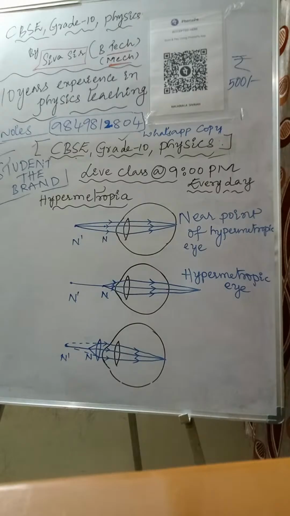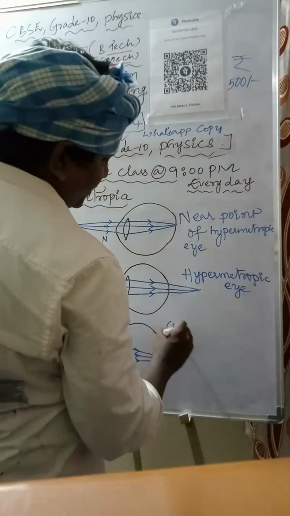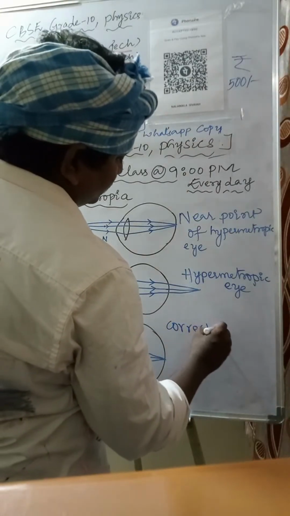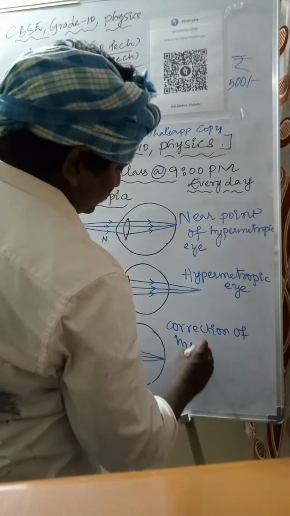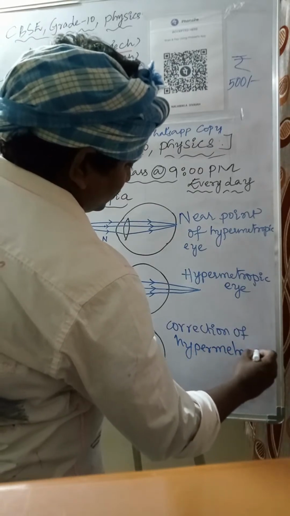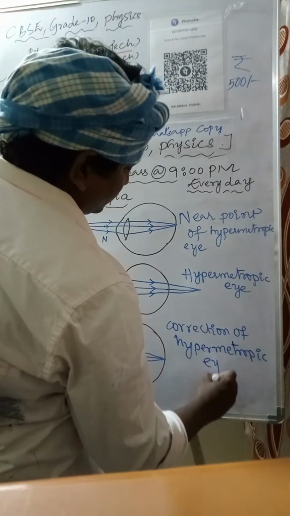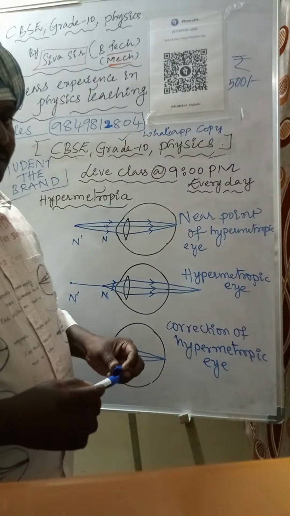Okay, so this is the correction of hypermetropic eye. Correction of hypermetropic eye. So this is about hypermetropia.